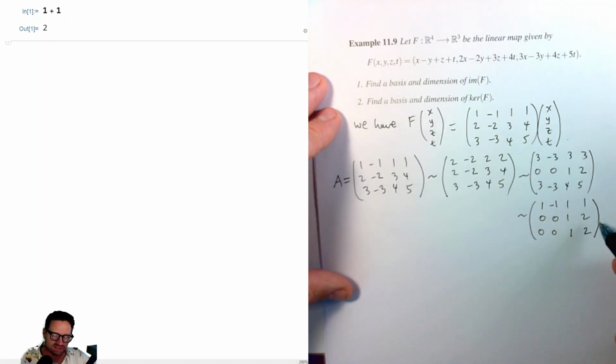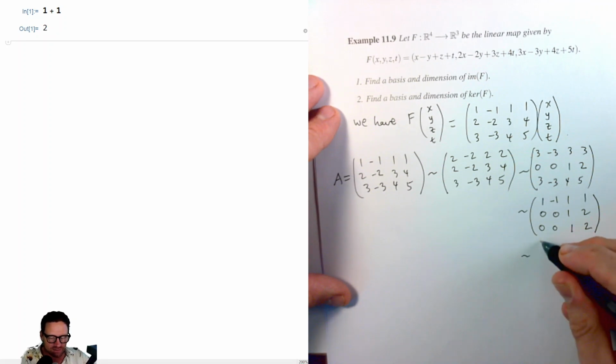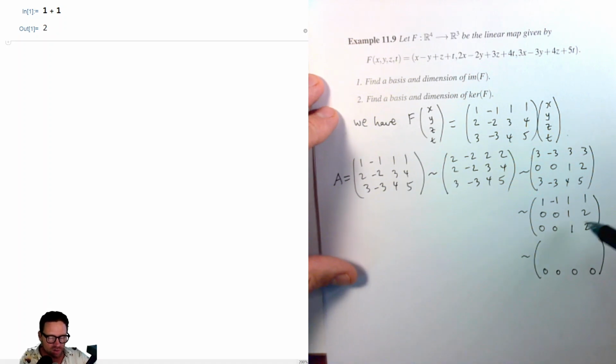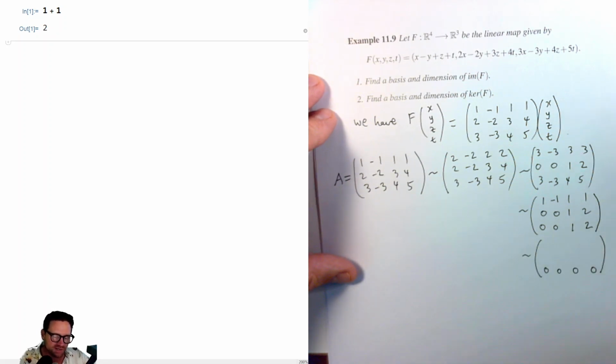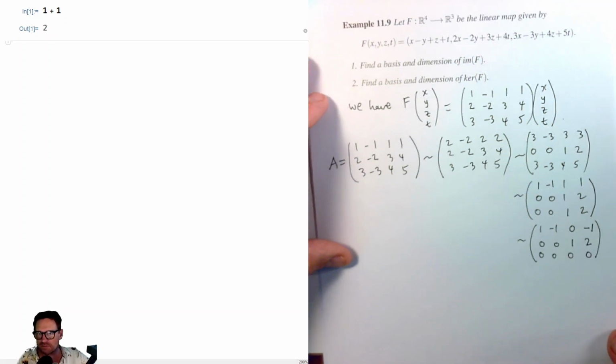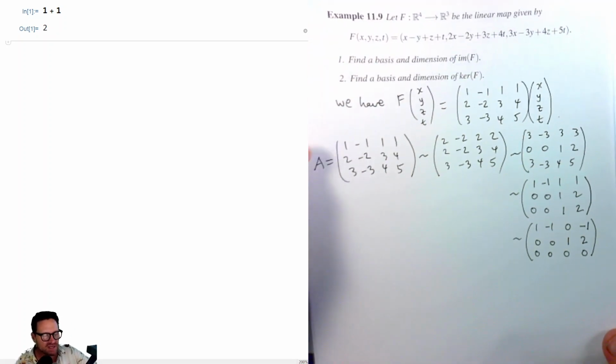All right, now we can see that row 2 and row 3 are identical, so we can replace row 3 with the difference and get a row of zeros. Now we want to replace row 1 with row 1 minus row 2. Okay, so now we have the row reduced echelon form of the matrix A.